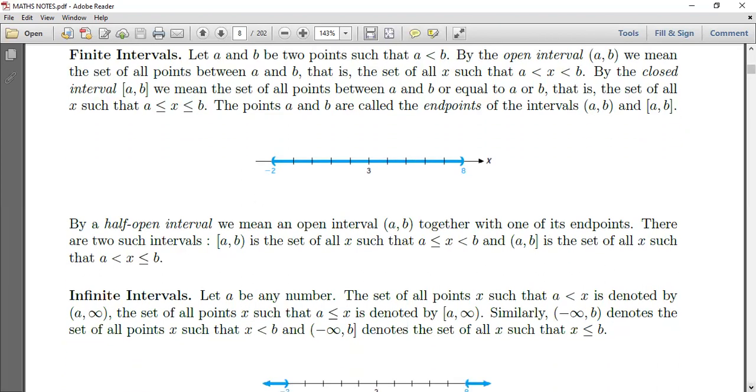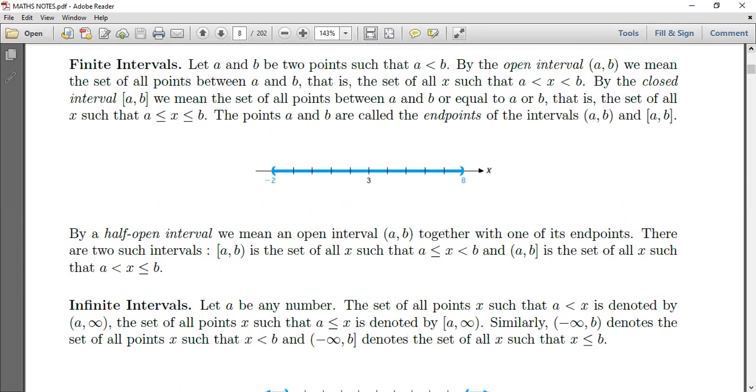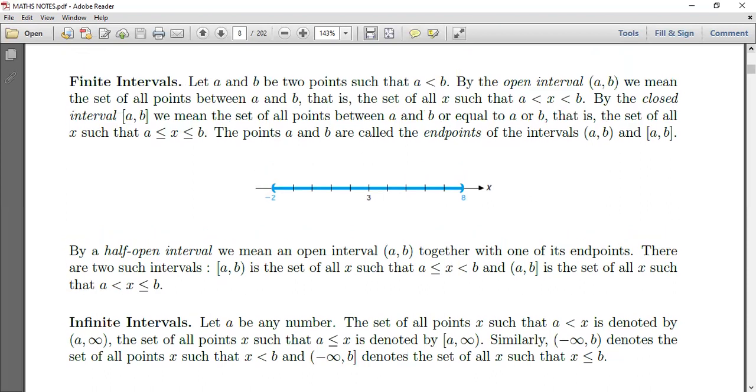Intervals can be precisely explained in terms of an open interval, a closed interval, or a half open interval.